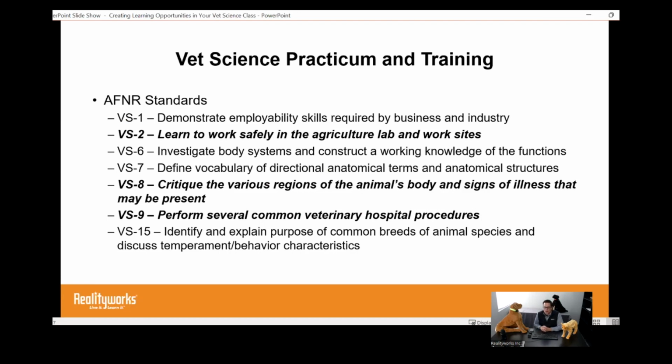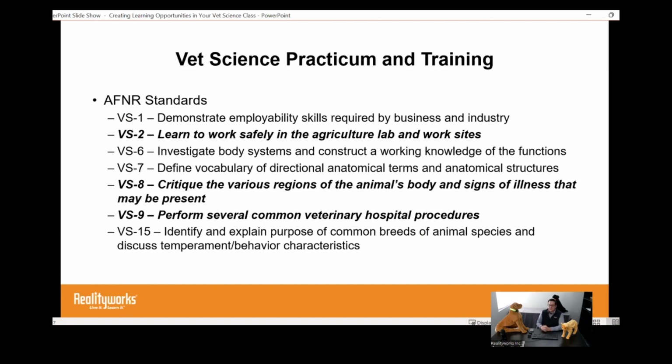The ones in bold are just a little bit more focused here that I want to talk about, which is knowing the animal's body, where to place the stethoscope, what kind of illnesses might be present when you listen for certain sounds, what you might hear and what you might know.